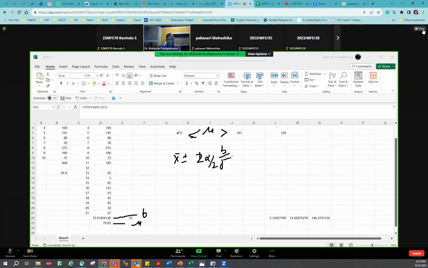Then check what the value is. This one does not change. It is 95. 0.8 plus or minus 1.96. Now the sample size is the same, 10. Now this value has changed to 79. Now you can check what the answer is.